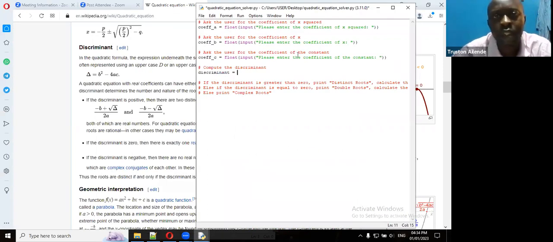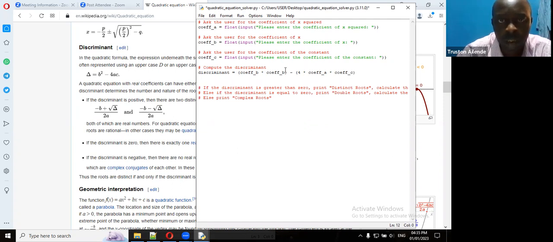So that would be coefficient b squared minus 4 times coefficient a times coefficient c. So we'll use this as our basis.